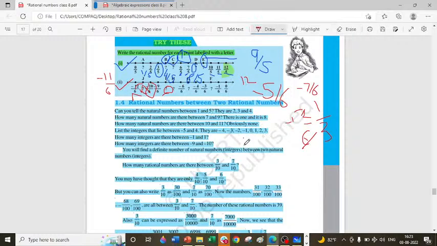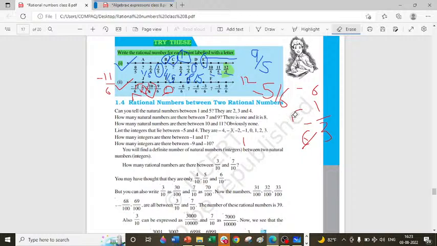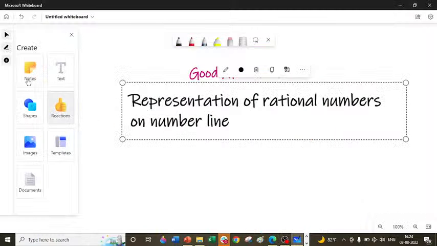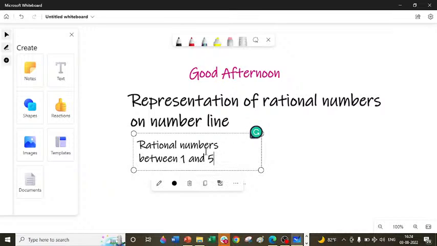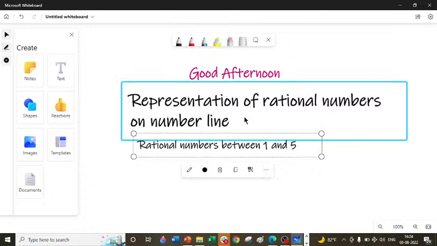So आप ये जानते हैं 1 और 5 के बीच में जो numbers आते हैं वो हो गए आपके रैशनल नंबर्स बिटवीन 1 एंड 5। सो 1 और 5 के बीच में क्या आता है अब हम देखेंगे। तो हम चलते हैं व्हाइट बोर्ड की तरफ, और अब हम यहाँ पे 1 और 5 के बीच में हमें ढूंढना है रैशनल नंबर्स। So now we are going to learn how to find out the rational numbers between the given numbers. So let's get started.